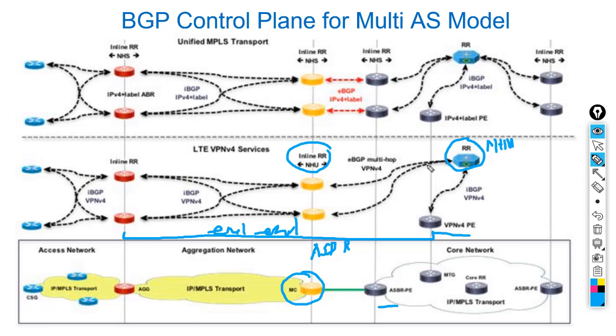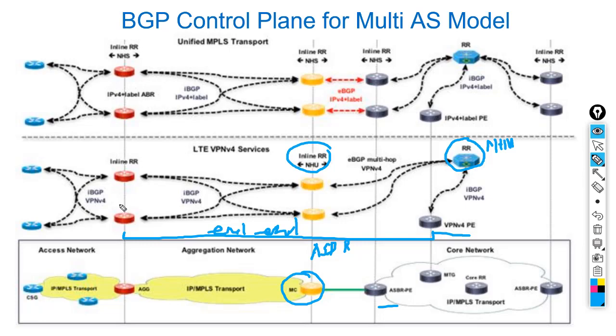The same for the metro core router. When the core router receives a VPN request from the RR router, it will advertise to its RR clients, which are AGG in the aggregation layer.